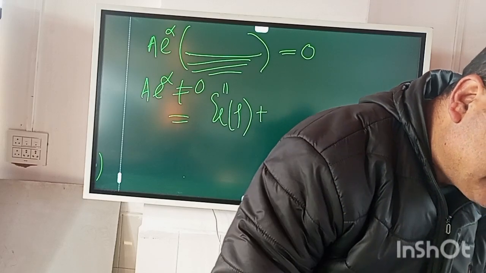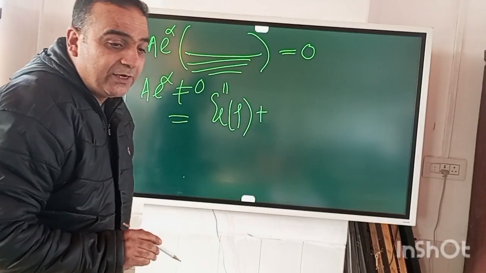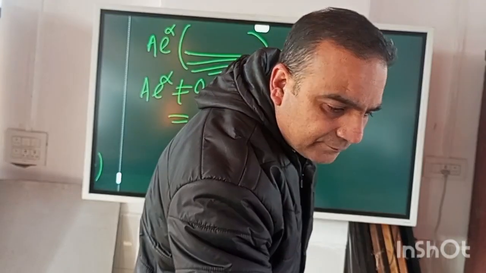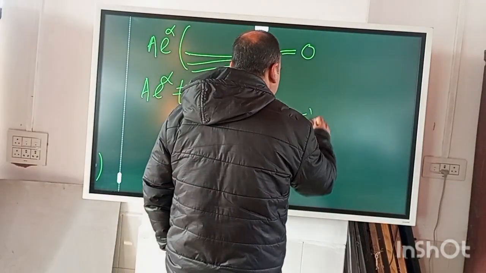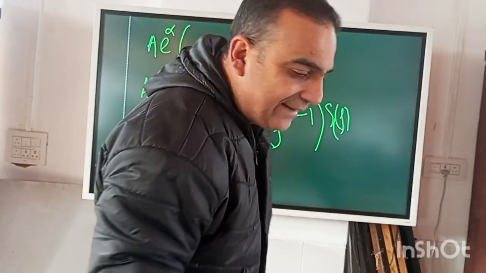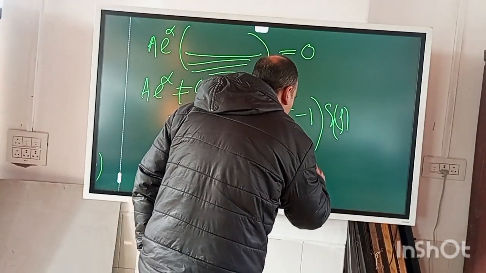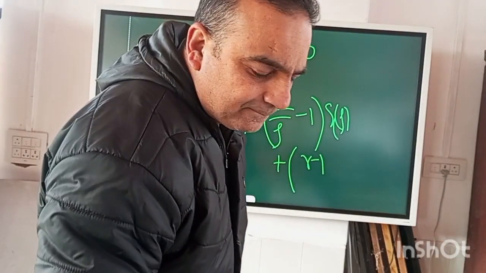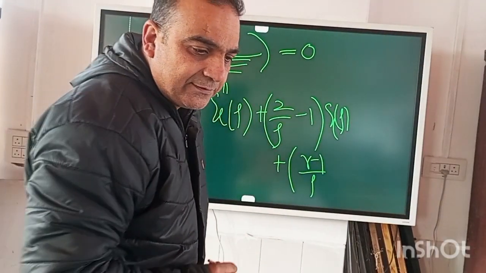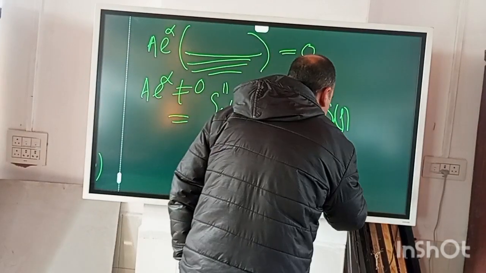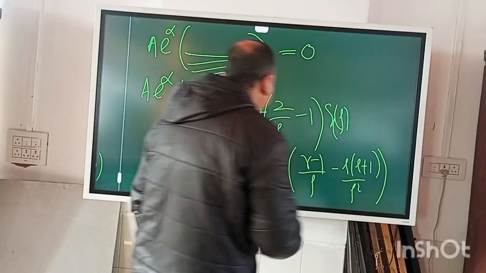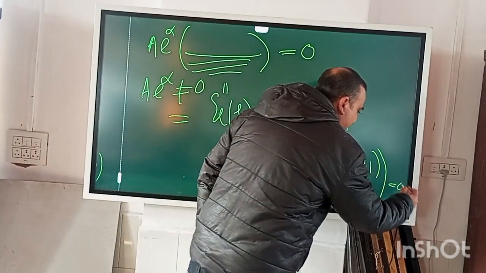So I'll get zeta double dash of rho plus (2 by rho minus 1) times zeta dash of rho, and then plus (gamma minus 1) divided by rho minus L times (L plus 1) divided by rho square, times zeta of rho, and this thing is equal to 0.